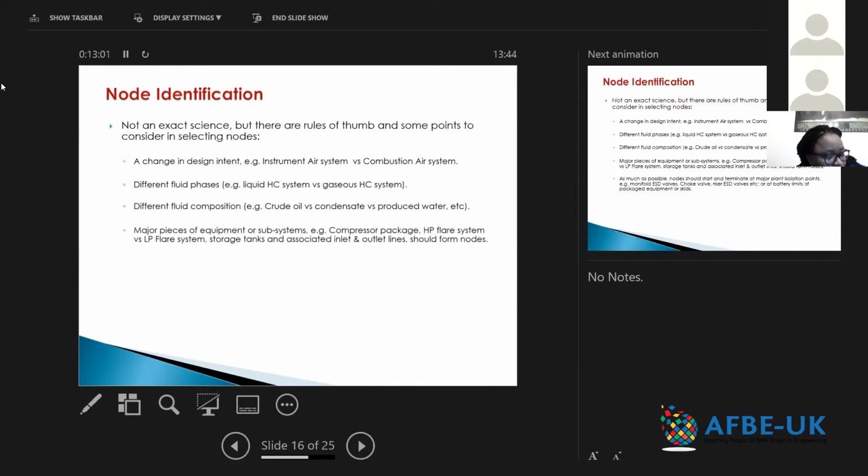The other items that will form nodes are major pieces of equipment or subsystems. For example, the compressor package, the HP flare system, you take that as a separate node. The high pressure flare system and the low pressure flare system, each of those would form a different node because they obviously operate at different pressures.